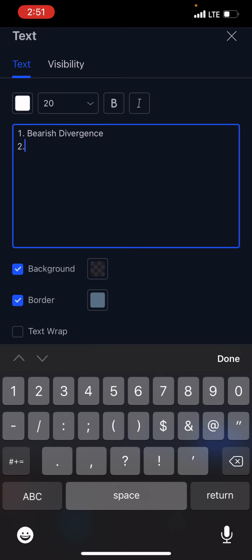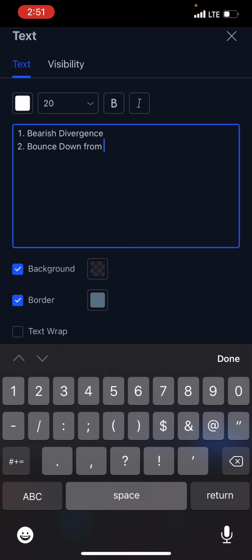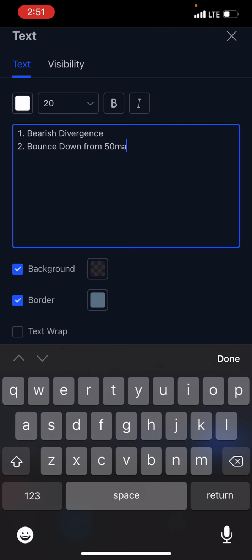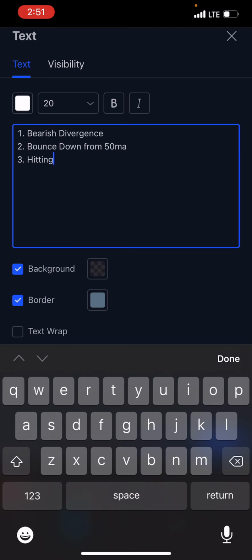Number two, you have a bounce down from the 50 MA. Number three, it's hitting resistance. It actually used to be support, which is even more of a concern, but it's hitting resistance.